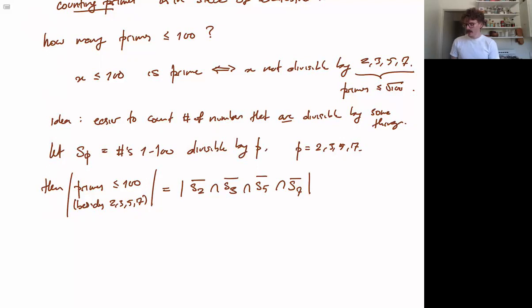So this is the set of numbers that we're looking at, and the number of them is the number of primes up to 100, besides our 4 guys that we're leaving out.